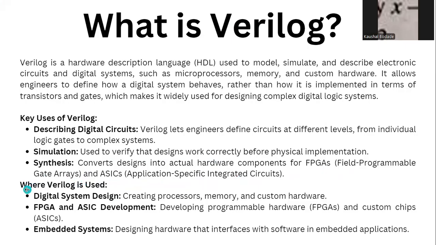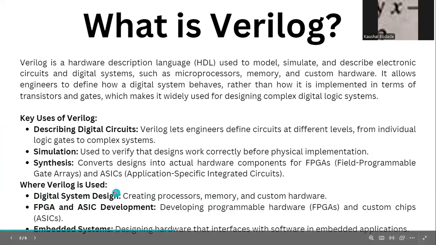Now we will see where Verilog is used. These are the key uses of Verilog, and these are its implementations. Digital system design: creating processors, memory, and custom hardware. In creating these, we can use Verilog.